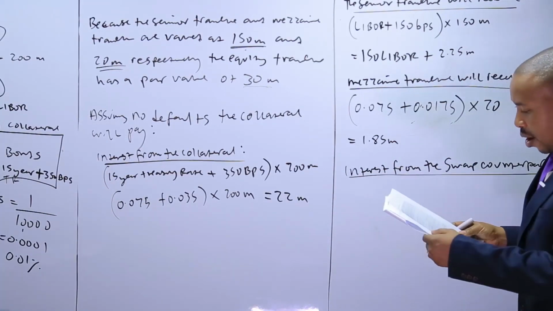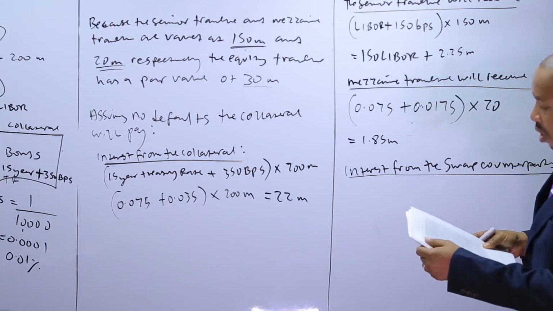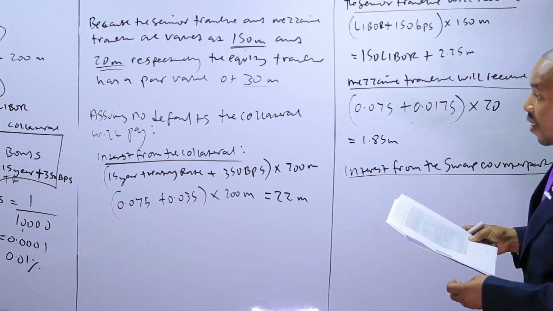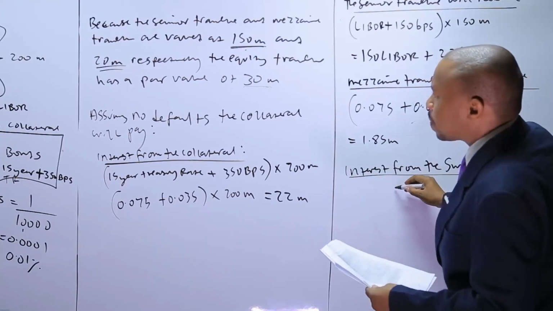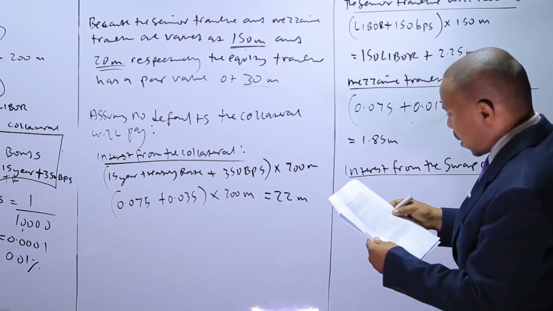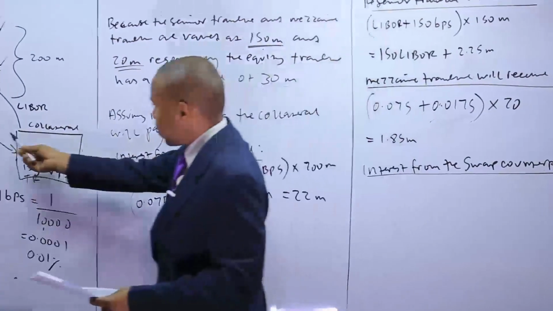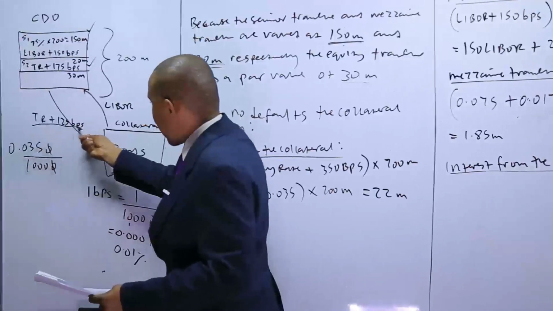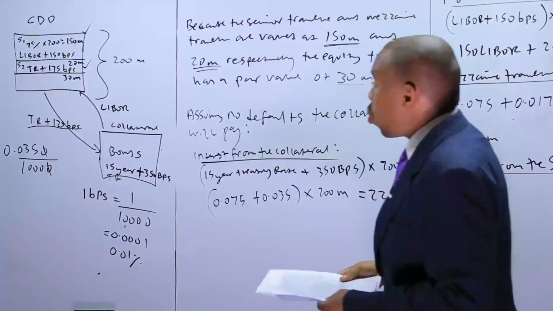In this case, we are just going to have the treasury rate plus 125 basis points. The treasury rate, pardon me, it's right here. The treasury rate plus 125 basis points will be applied to 150 million.